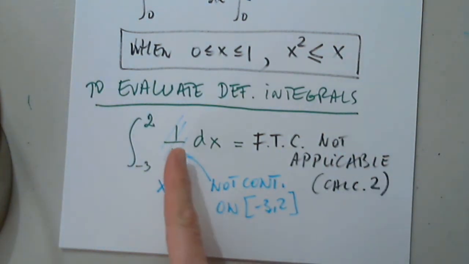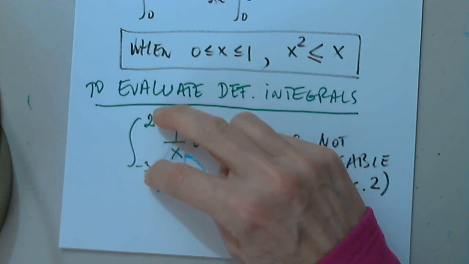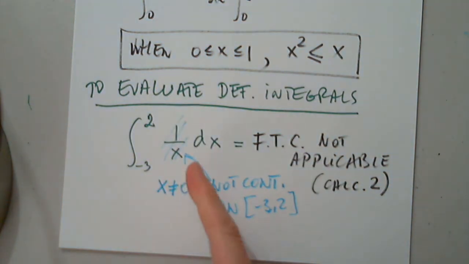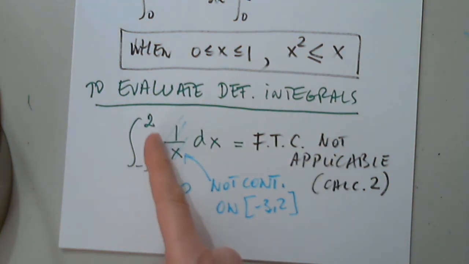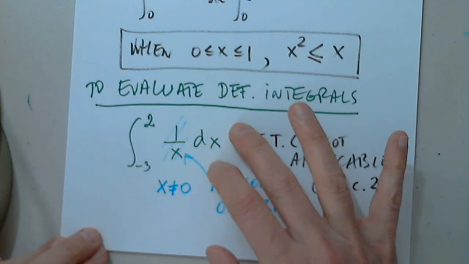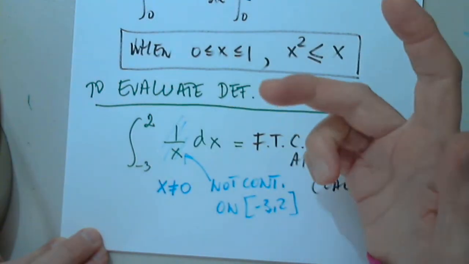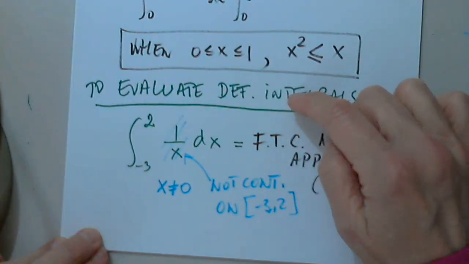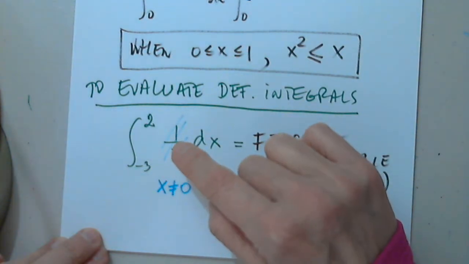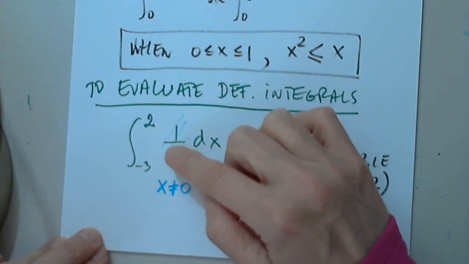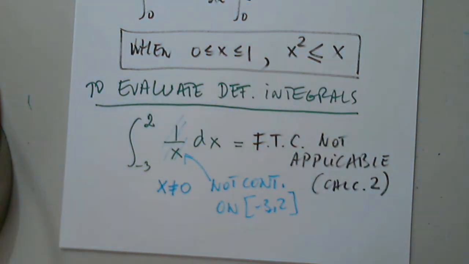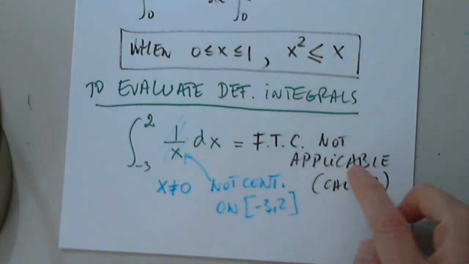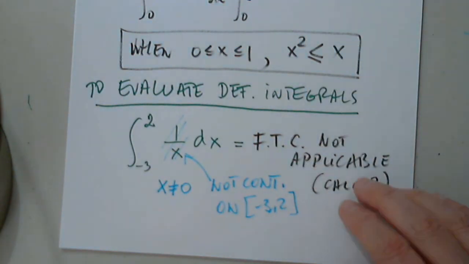FTC is not applicable if the function is not continuous on the given interval. The function is not continuous on the given interval because it's undefined at 0. So please remember, no matter what definite integral you are given, you first have to check that this function is continuous on the given interval. If it isn't, that's the answer and you move on.